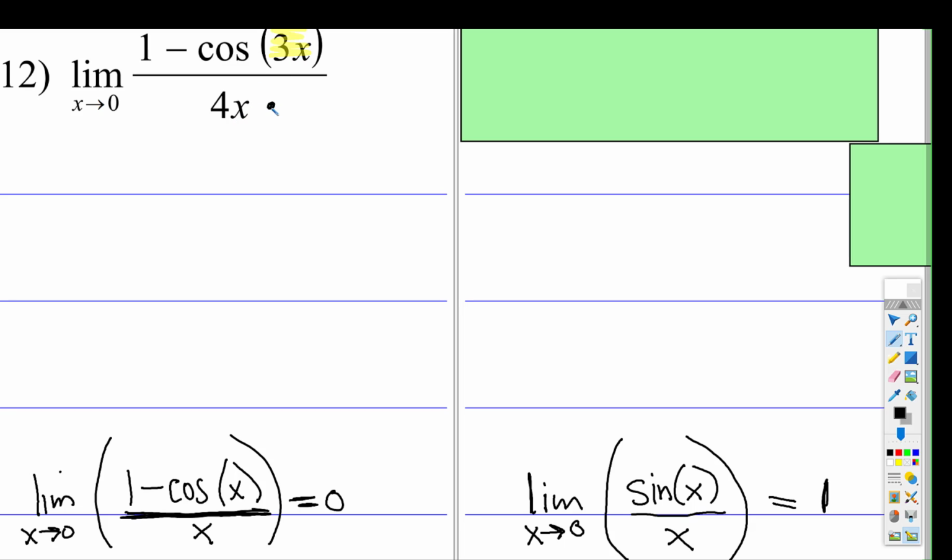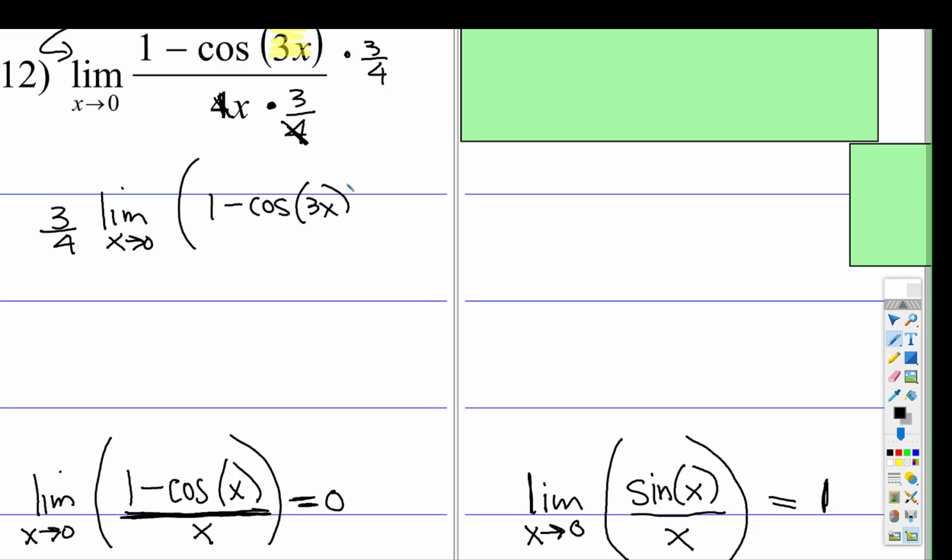The denominator has to match the theta. In order to do that, we would have to multiply this by a fraction of 3/4, so the fourths would cancel. But because we're multiplying the denominator by 3/4, we multiply the numerator by 3/4, but remember the constant rule, it comes out in front. So then you write 3/4 times the limit as x approaches 0, 1 subtract cosine 3x over 3x.